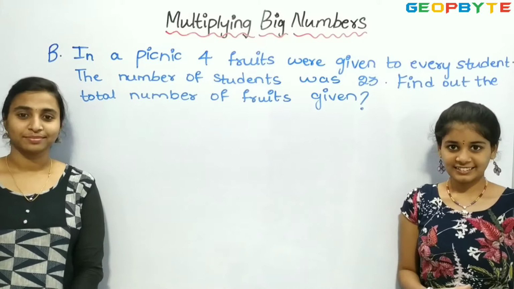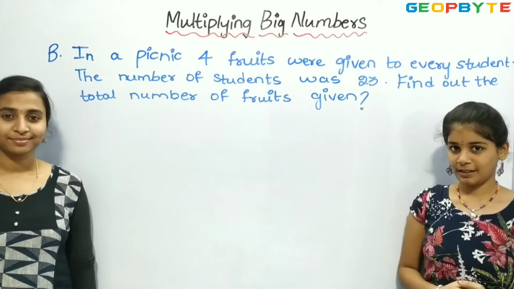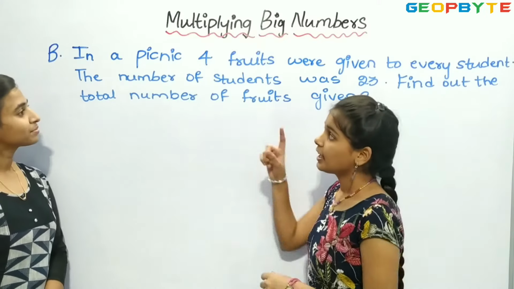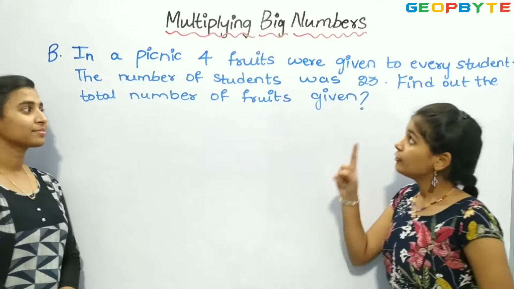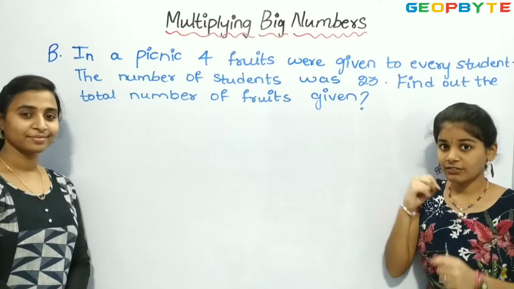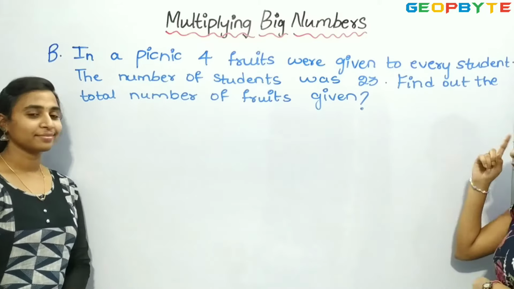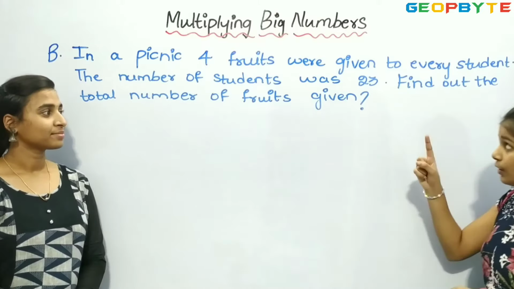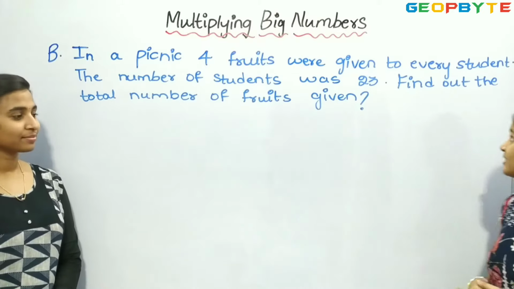Now let us read the next problem and solve it. In a picnic, 4 fruits were given to every student. The number of students was 23.